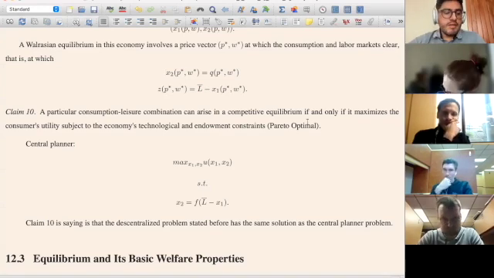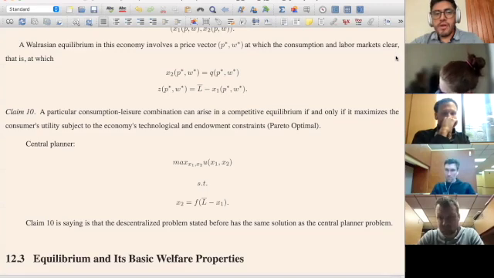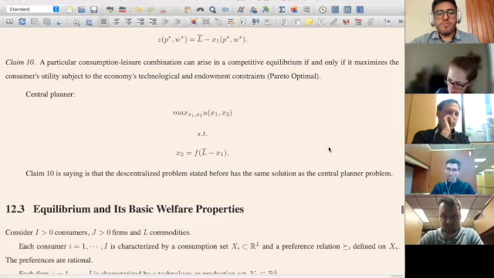So this means that, I'm going to draw it in a second, this again is going to allow me to apply the separating hyperplane theorem.